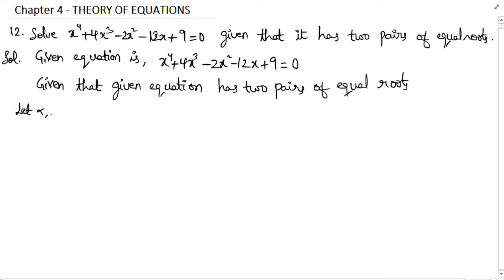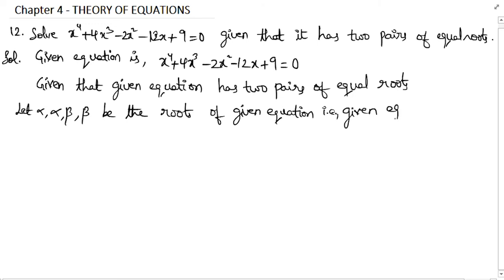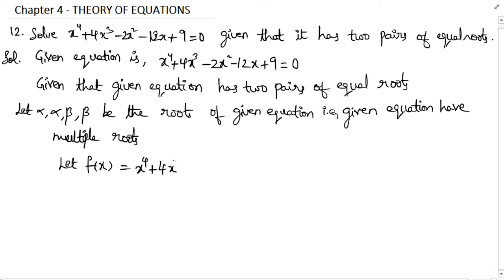Let alpha comma alpha and beta comma beta be the roots of the given equation. So the given equation has multiple roots. Let f of x is equal to x power 4 plus 4x cube minus 2x square minus 12x plus 9, our given equation.